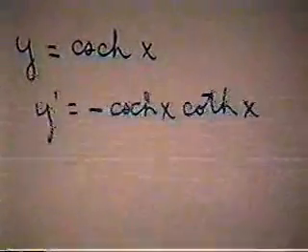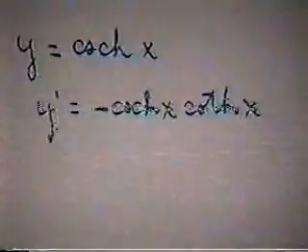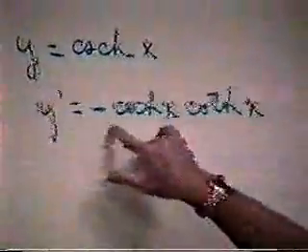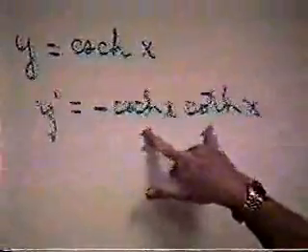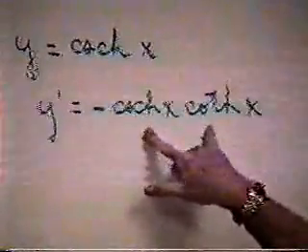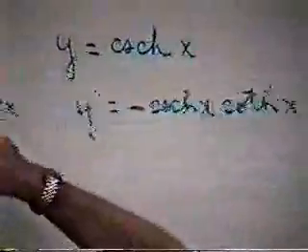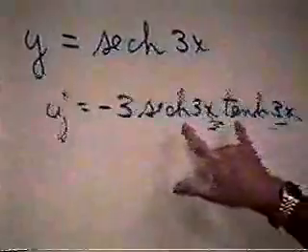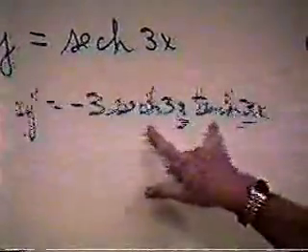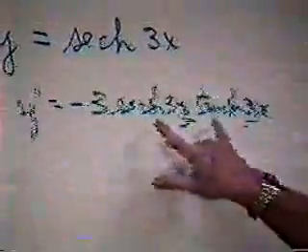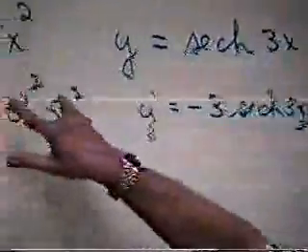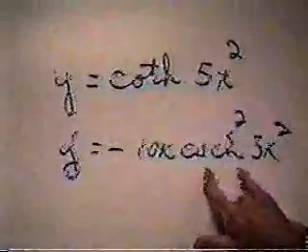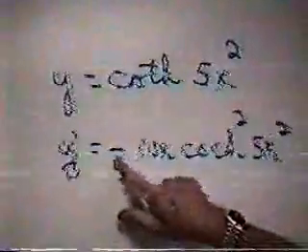All right, now these are the ones you need to memorize the rule. The derivative of hyperbolic cosecant, memorize: minus cosecant, cotangent. The derivative of hyperbolic secant is minus hyperbolic secant, hyperbolic tangent. The derivative of hyperbolic cotangent is cosecant squared, negative.